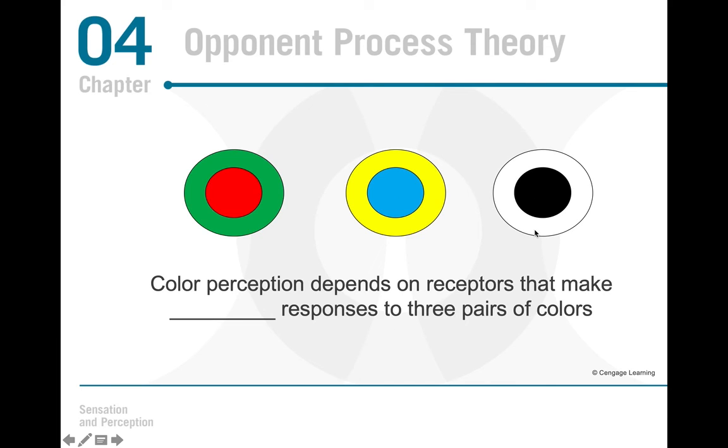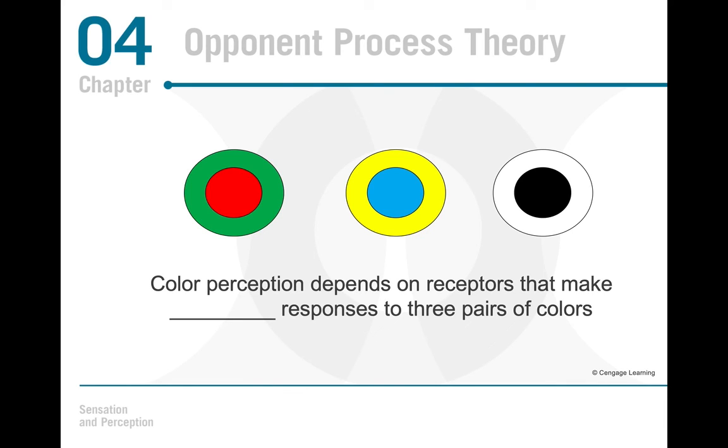So for example, staring at the red image for 15 seconds causes your red opponent cells to become really tired, right? And when you shift your focus to a blank surface, those cells that were firing in response to the red wavelength are no longer able to fire, not as much at least, so only the opposing green cells will continue to fire in response to that visual stimuli.